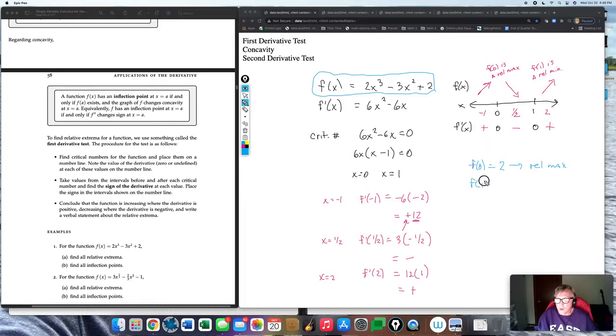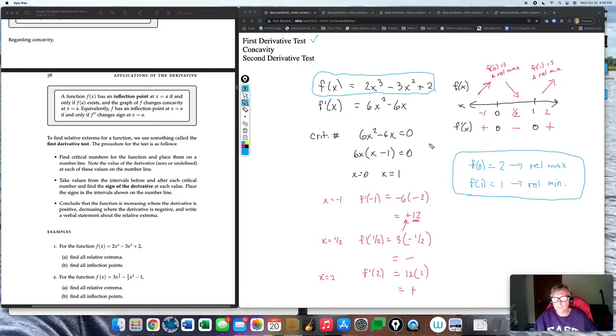And at 1, I get to put 1 in here, so if I do 1 to any power, I get 1. So that's 2 minus 3 plus 2, which is 1. And that's a relative minimum. Okay, so this is the answer to finding the relative minimum, and it uses the first derivative test.